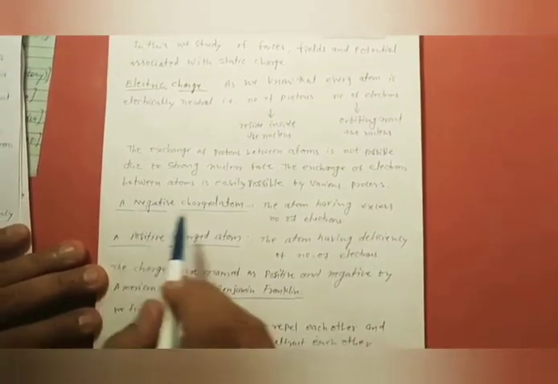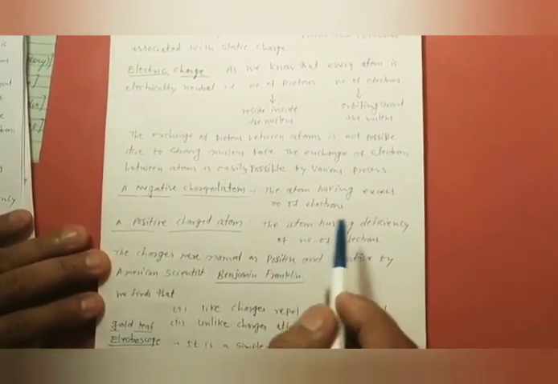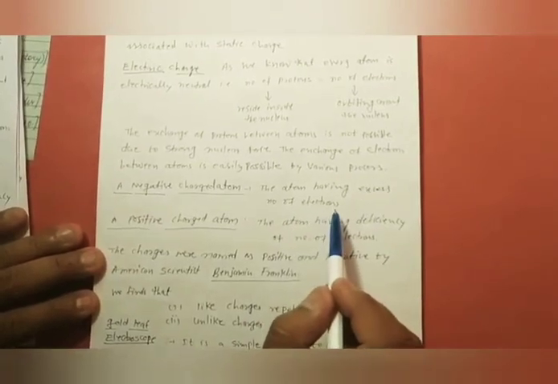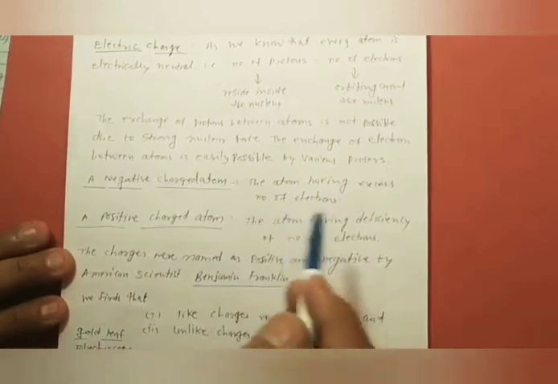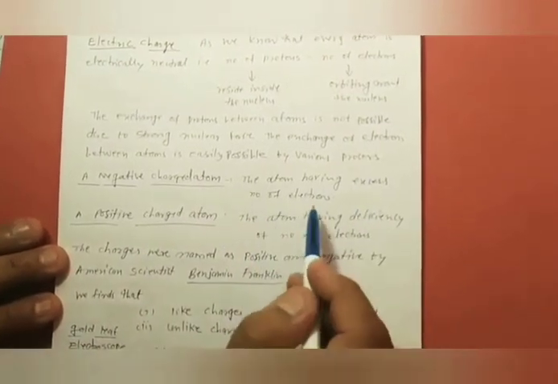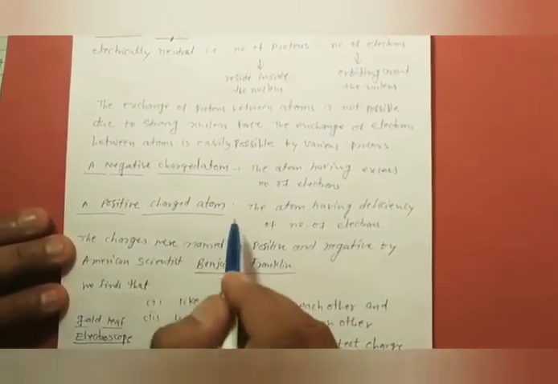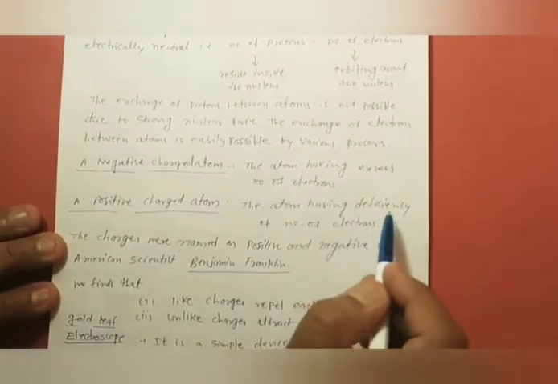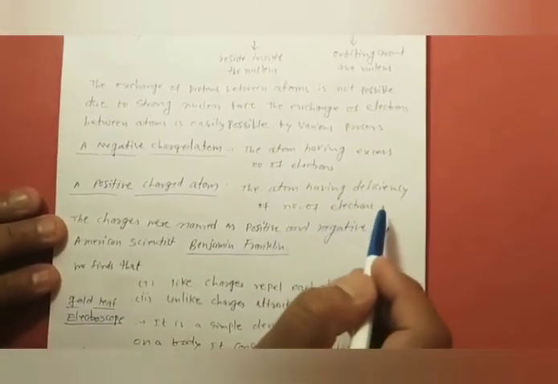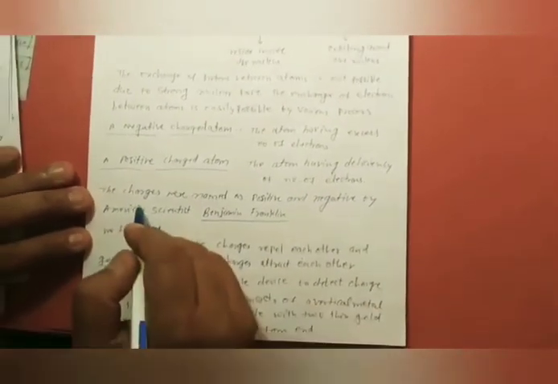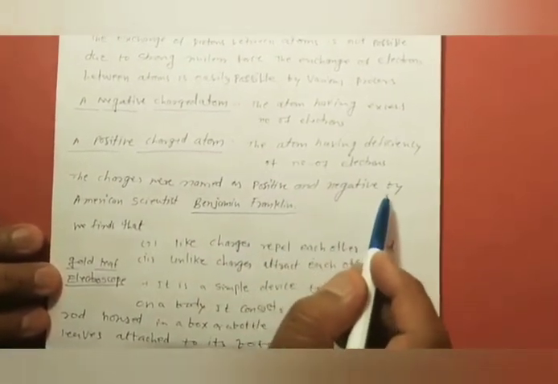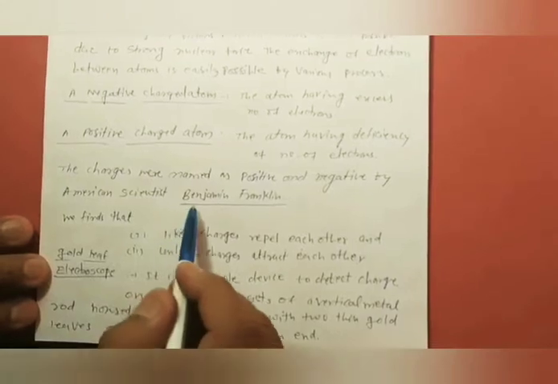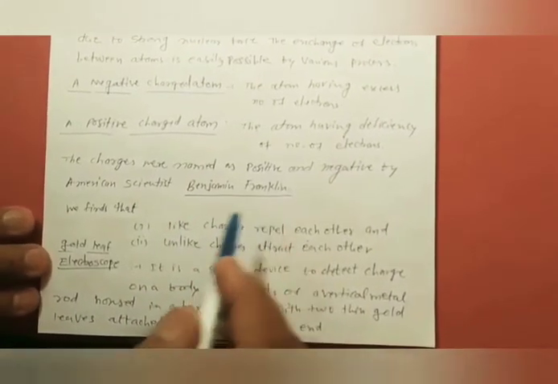A negatively charged atom is the atom having an excess number of electrons, means extra electrons. A positively charged atom is the atom having a deficiency of electrons. The charges were named positive and negative by American scientist Benjamin Franklin.